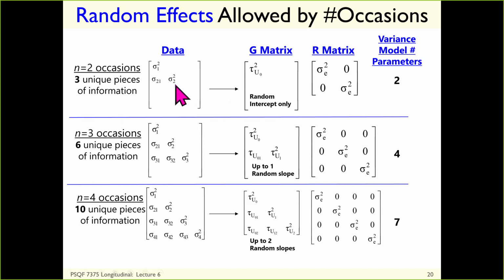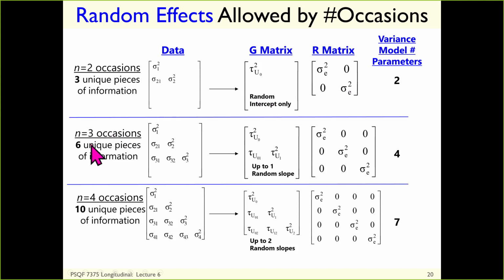I can try to predict that with a random intercept and a residual variance. And at most, I could say that there's a different residual variance in the R matrix at pretest than at posttest. If I did that, I would spend all 3 parameters. I can't have a random slope. If I added a random slope here, I'd have to get rid of E in the R matrix.